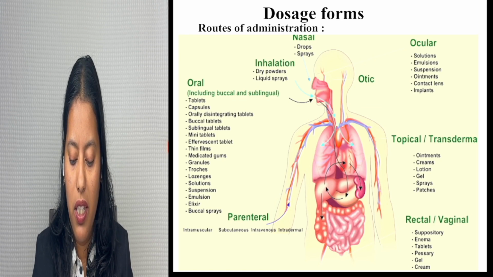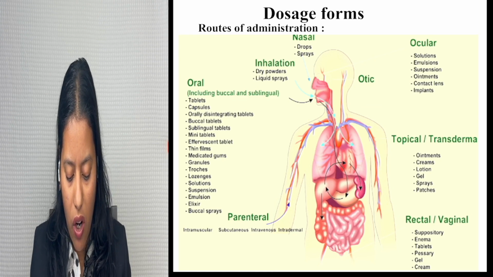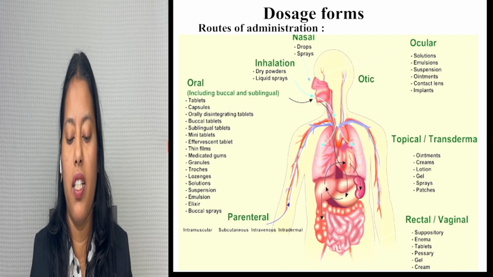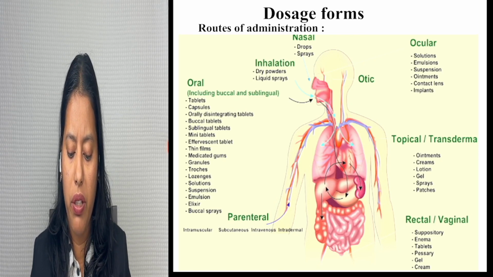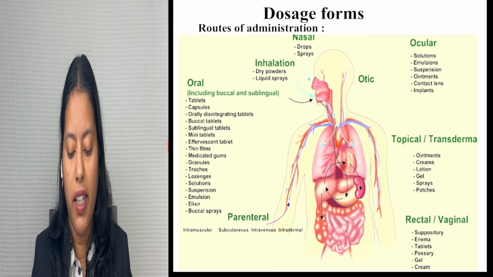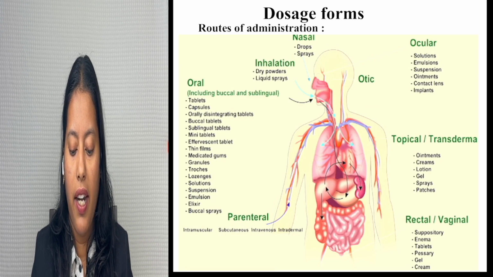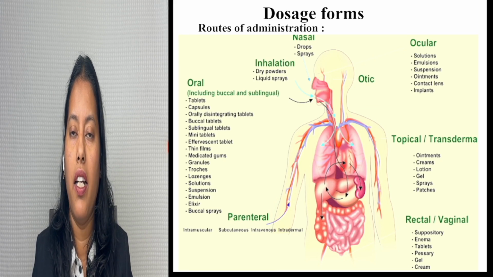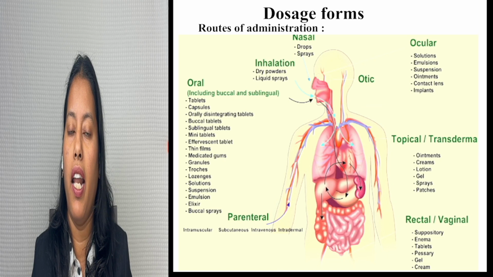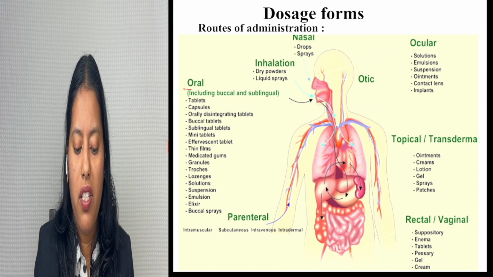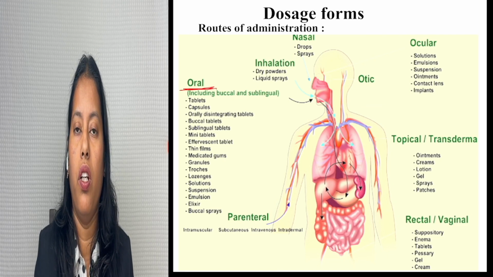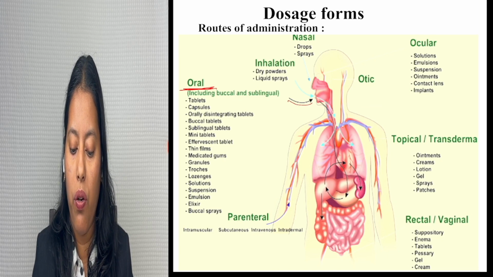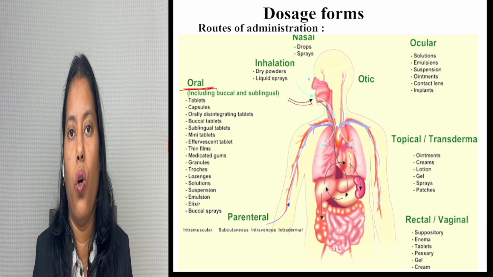So you can see this diagram where you can see the organ system and the circulatory system. You have digestive system, you can see lung, then heart, kidney, and network of the blood capillaries, arteries, and vein which is carrying the blood. So when you administer the drug through oral route, this black arrow you can see is representing the oral route.